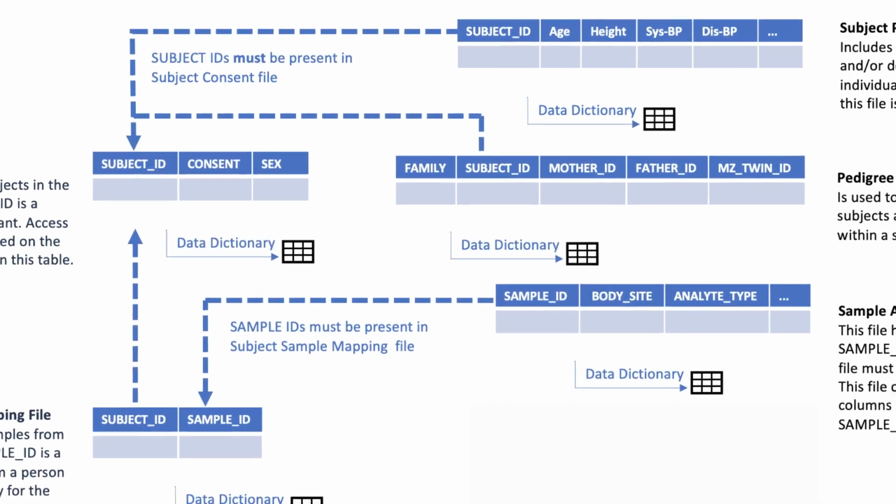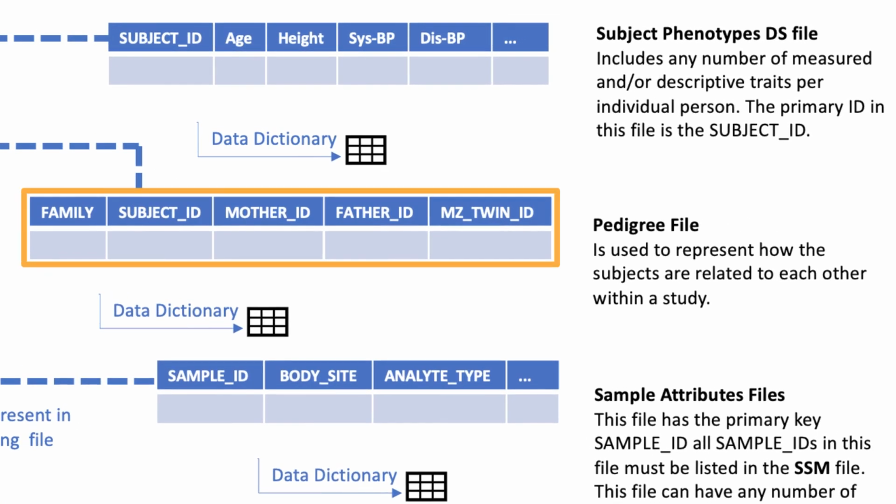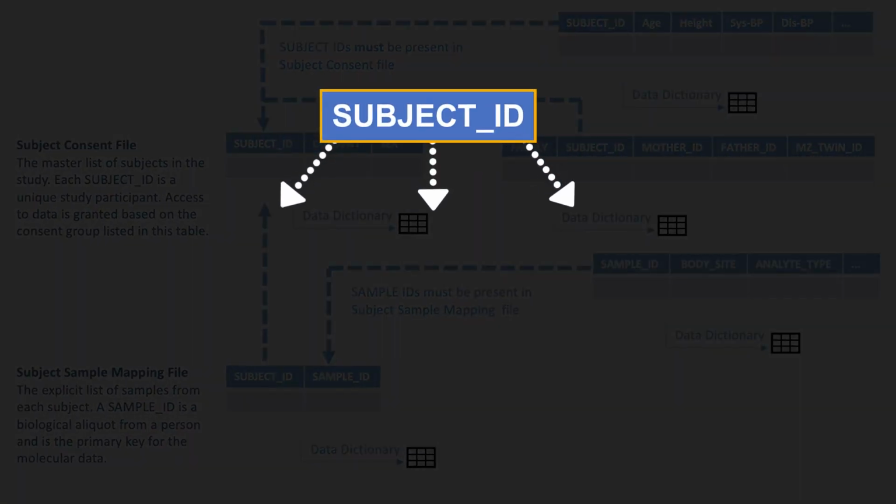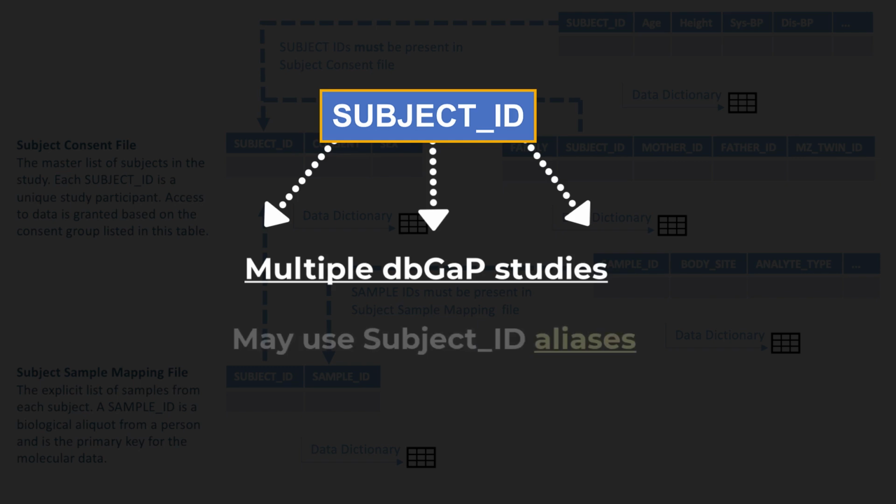A pedigree file should be included if there are related individuals in the data. The subject IDs in the pedigree should include all related subjects and their linking family members. This helps elucidate the mode of inheritance and aids in genetic variant discovery. If you would like to link subject IDs across multiple dbGaP studies, there is also an option to use aliases.